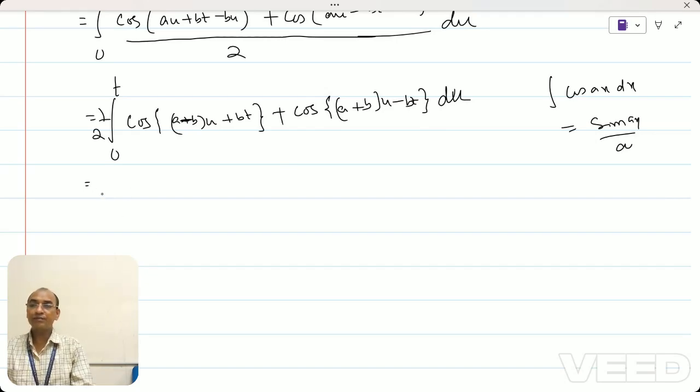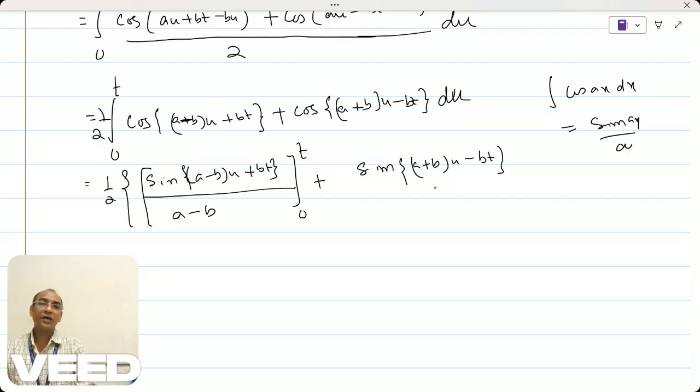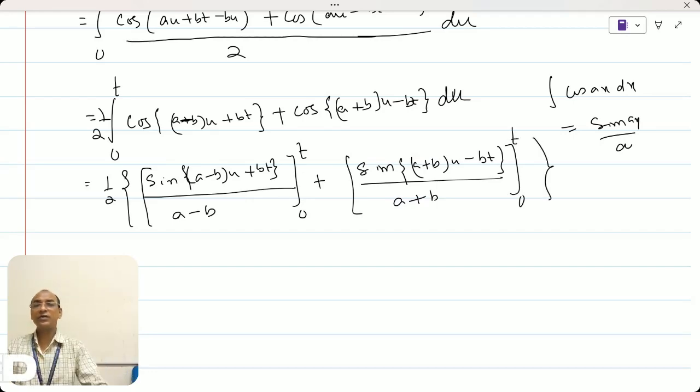So I can say 1 by 2 integration of this with respect to u will be sin of a minus b u plus bt divided by a minus b, and the limit is 0 to t, and similarly plus sin of a plus b u minus bt divided by a plus b, and the limits are 0 to t.